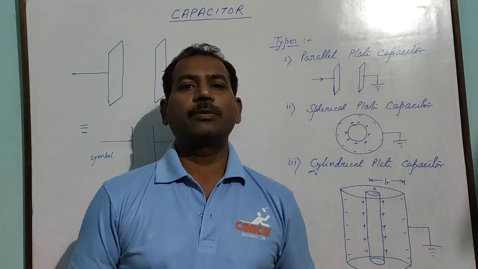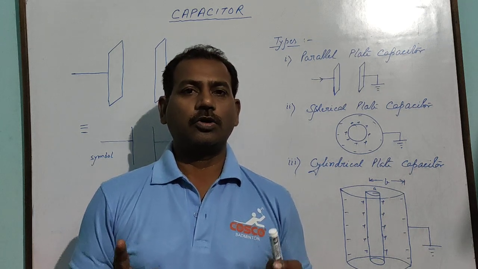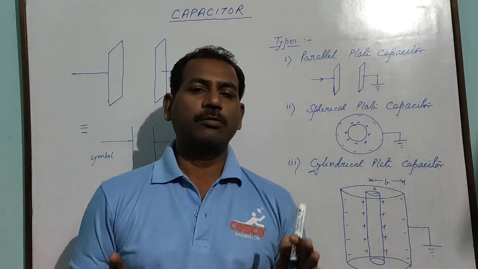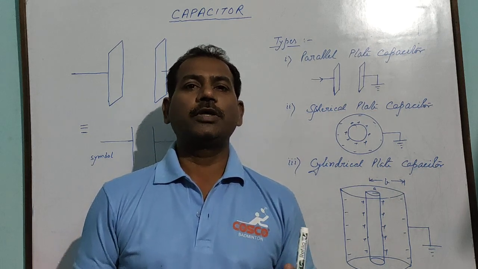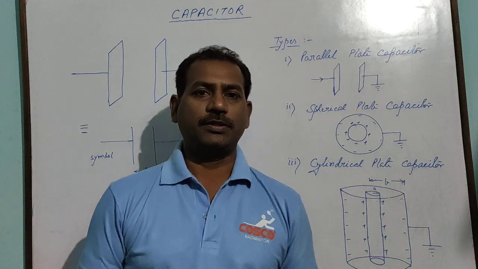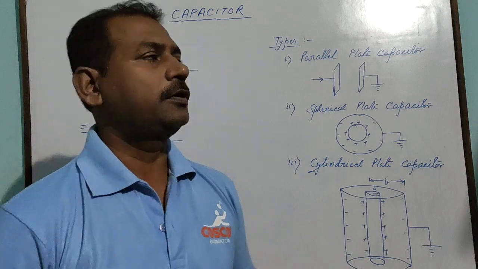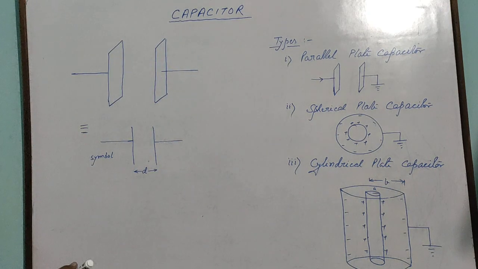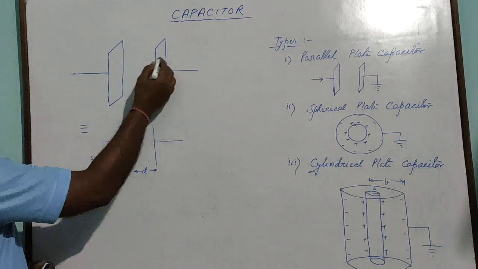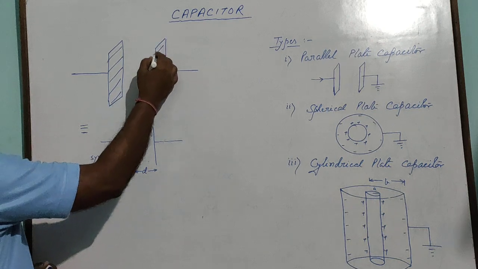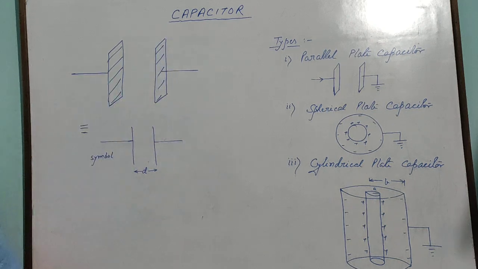Capacitor is basically made up of two plates or two conductors, and in between the two conductors there will be either free space or some medium present. So first of all, let us take two metallic plates. These are two parallel plates. They are three-dimensional plates.